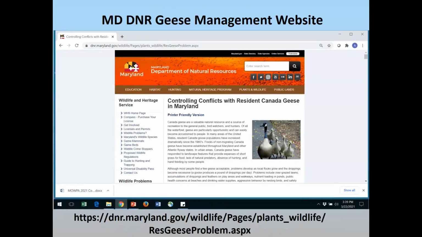And there's also a great resource about geese management. If you're having issues with geese, they go into a lot of detail on what you can do as a pond owner to manage for geese. Again, the big thing that we recommend is don't encourage geese because they are heavy nutrient contributors to ponds.